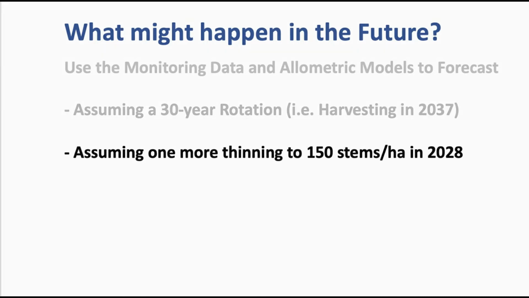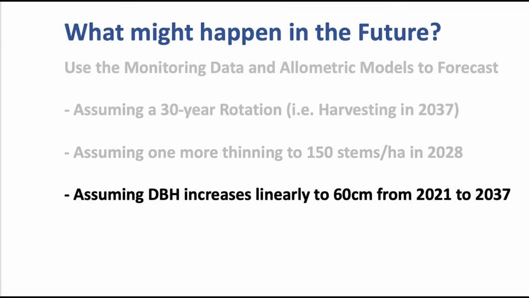Got to be willing. We're assuming one more thinning to 150 stems per hectare in 2028. Now that thinning, the 150 stems in 2028, is a bit arbitrary, but sort of reasonable. Assuming the DBH increases linearly from what we have now up to our golden target of 60 centimetres diameter when we harvest.